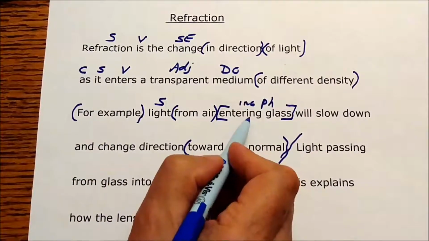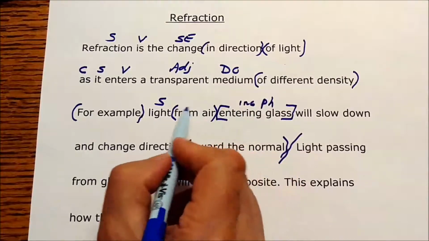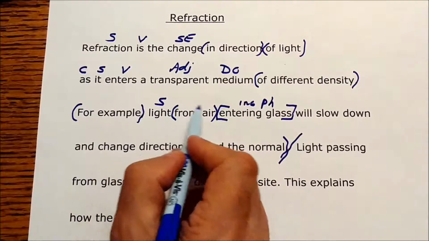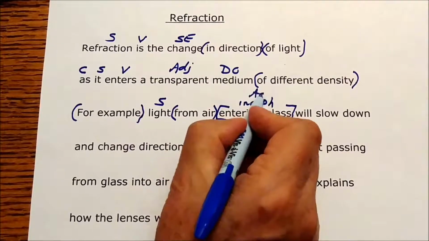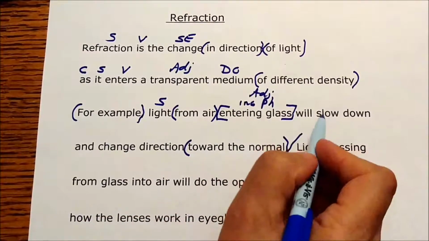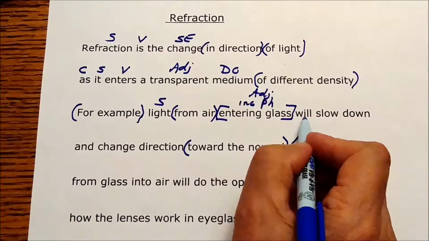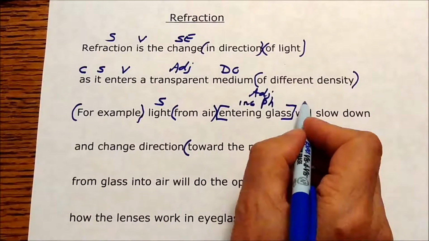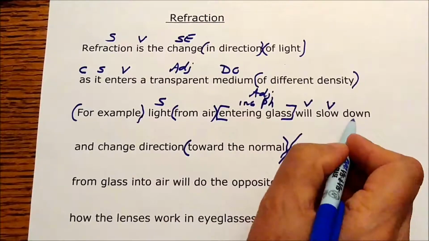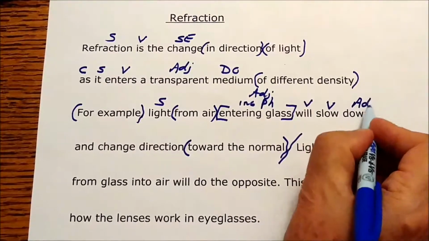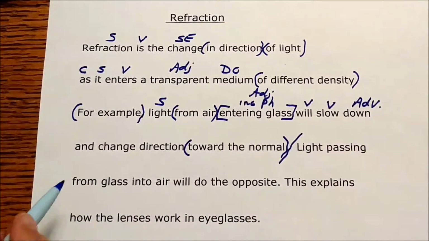And actually, its function here is to describe light. What about light? So it's acting as an adjective, okay? Will slow down. Now we get to our verb part here, and I think will slow is the verb, a double verb here. Down would be an adverb because it's telling where it's going to go.